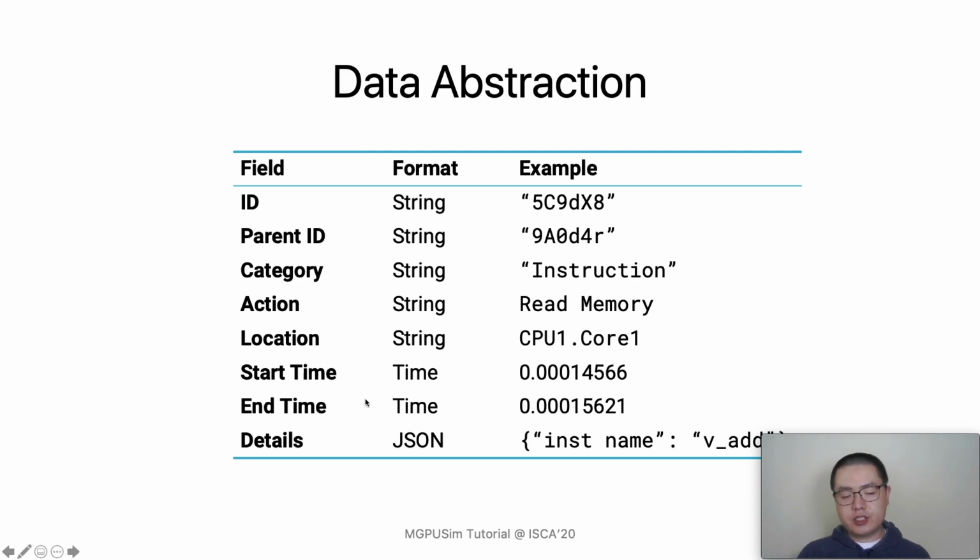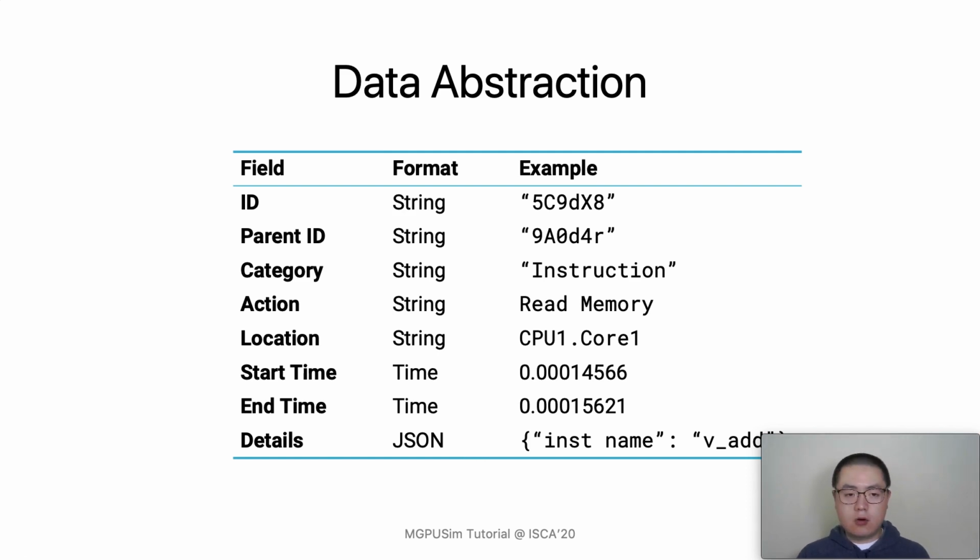Also, each task has a start time and end time. Using these two fields, we know the duration that it takes for the hardware to execute this task. And finally, the user can attach any type of information in the details field, and we record this details field in a JSON data structure.